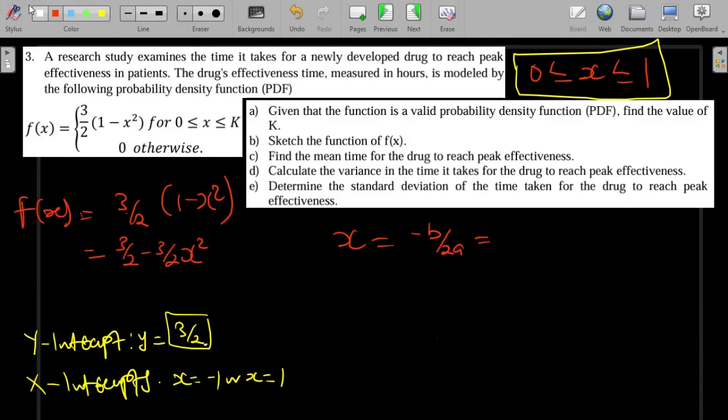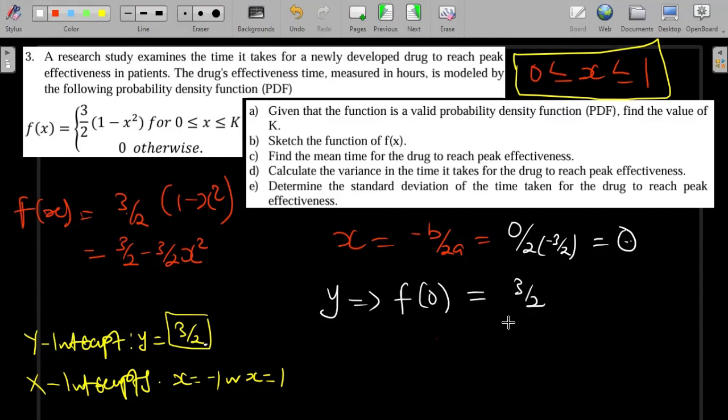We do not have a term in x here, so it's just going to be 0 over 2, where our a is minus 3 over 2. This is just going to be 0. Then for the y coordinate of the turning point, we say f of 0. You put 0 in f, and we get 3 over 2. So the turning point here will be 0, 3 over 2.